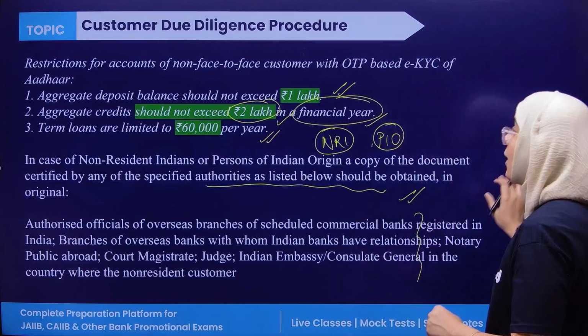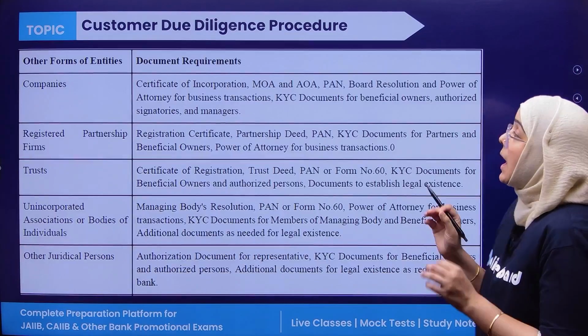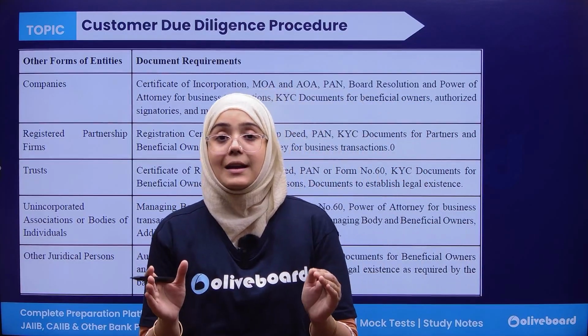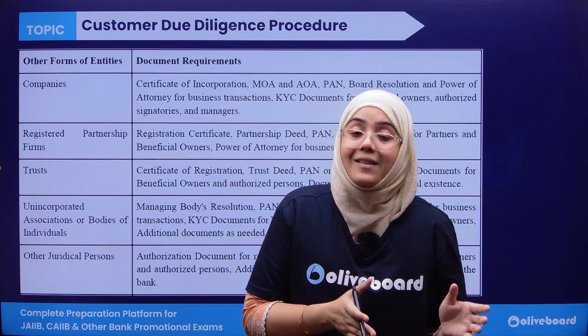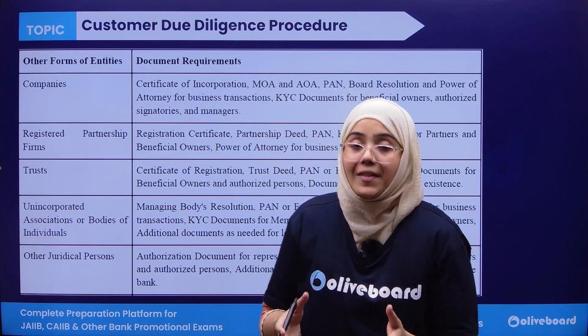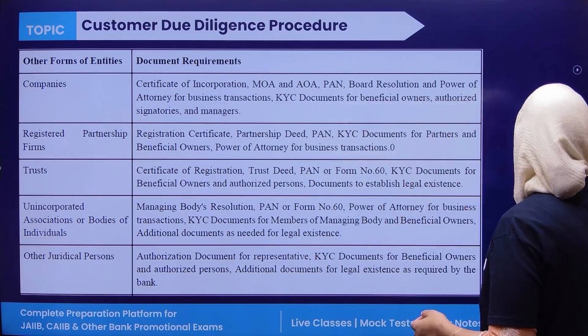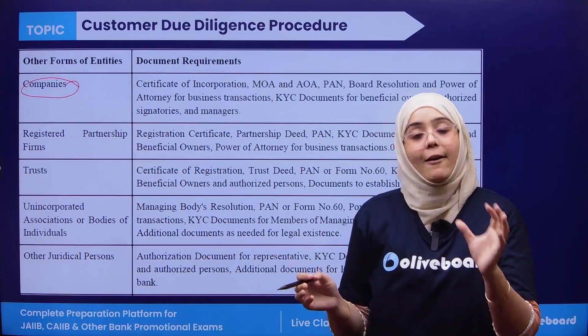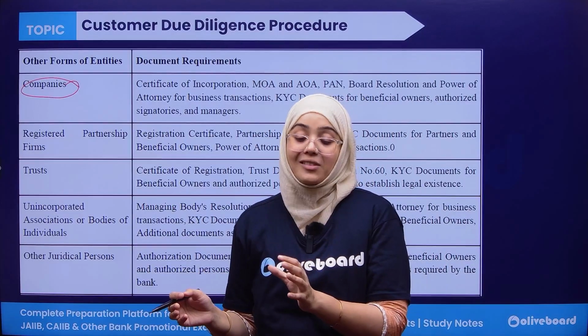Clear? Now, if we are talking about the other forms of entities, what are the other forms of entities and what documents are required in the process of customer due diligence? For example, if we are talking about companies, you have to go through the customer due diligence procedure.